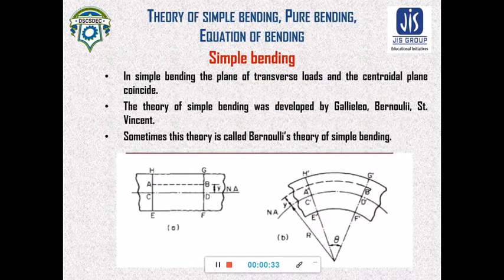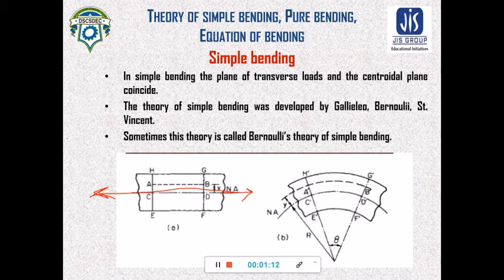Now, as we know, in simple bending, the transverse load and the centroidal plane coincide. That means if these two lines are the line of action of the transverse load, then this centroidal plane will coincide with this line of action.